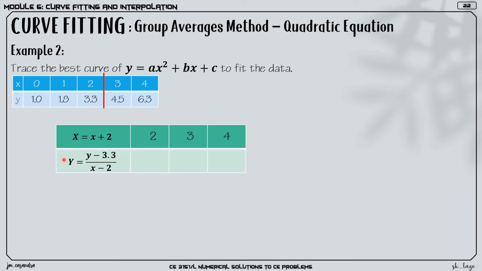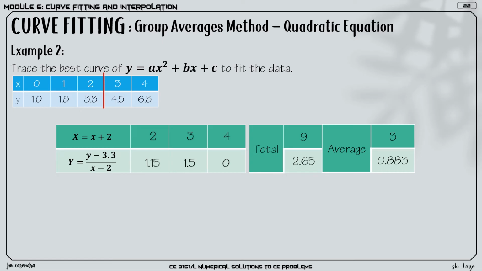And the y for the first group is 1.15, 1.5, and 0. From here, we get the total values of x and y: 9 and 2.65. For the average, we divide the total by 3, so we have 3 and 0.83 for x and y respectively.